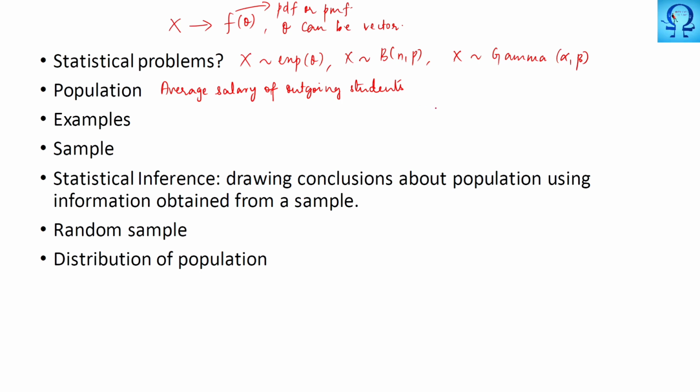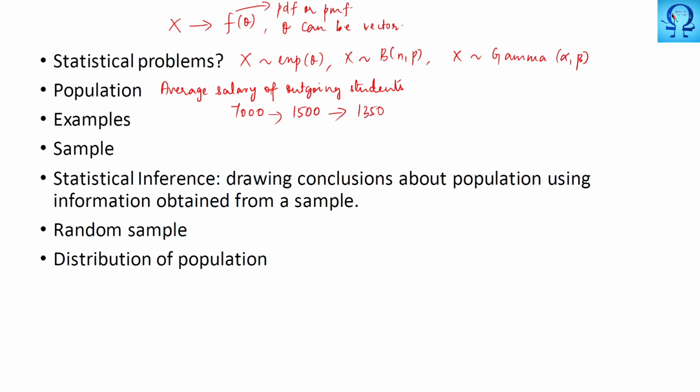So suppose in the institution there are in total 7,000 students, out of which 1,500 are final year students. Out of these 1,500 final year students, let us say that 1,350 students have got placement.